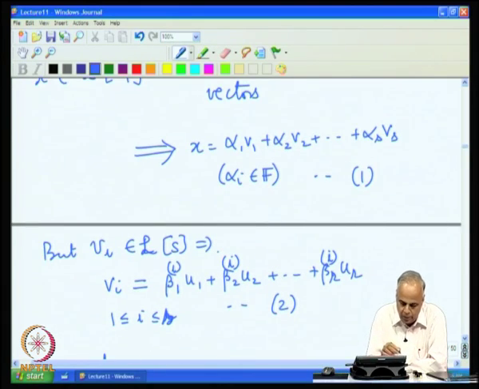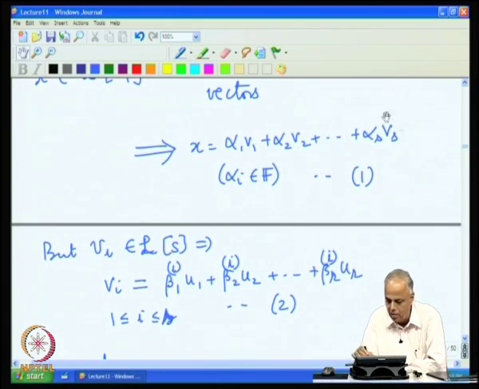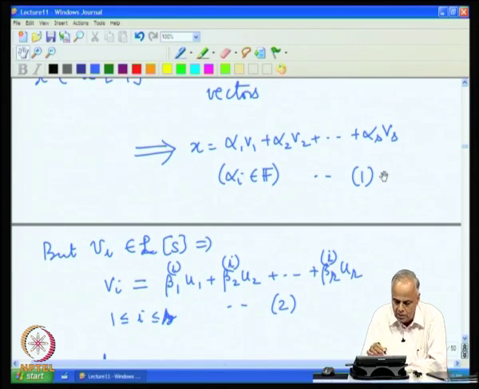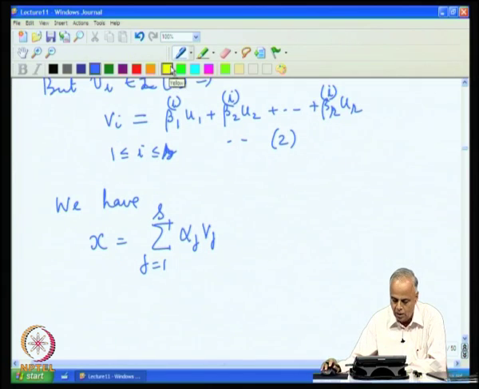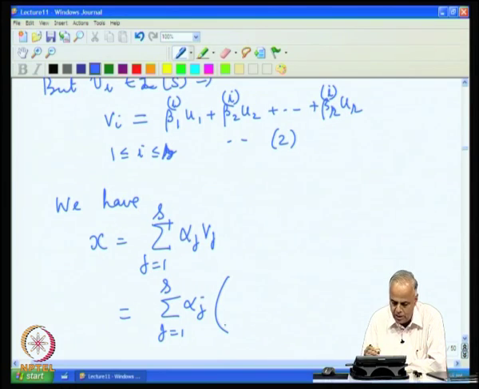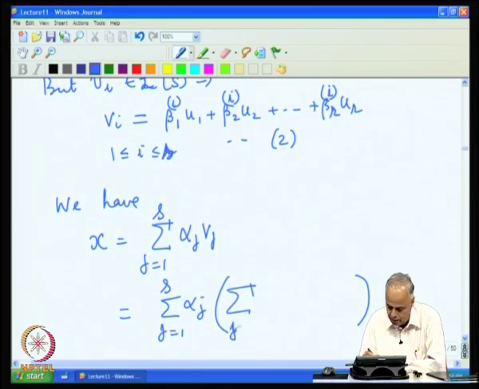So, the equation that x is a linear combination of V1, V2, up to Vs, we have written in the short form as the sum over j equal to 1 to s of alpha j Vj. Now, we have observed that Vj itself can be written as a linear combination of the u's, with the index k equal to 1 to r. We want to look at the jth vector.